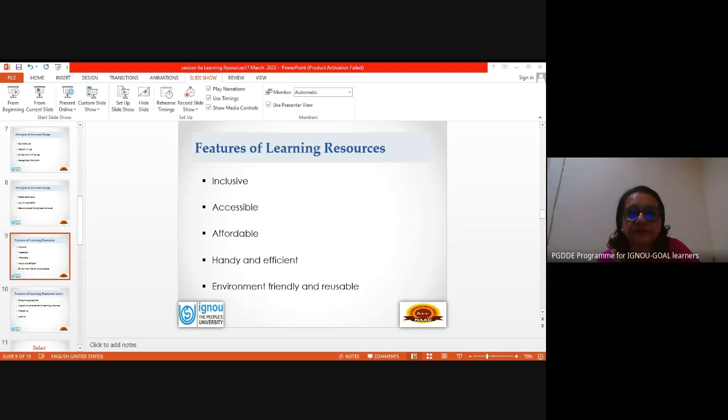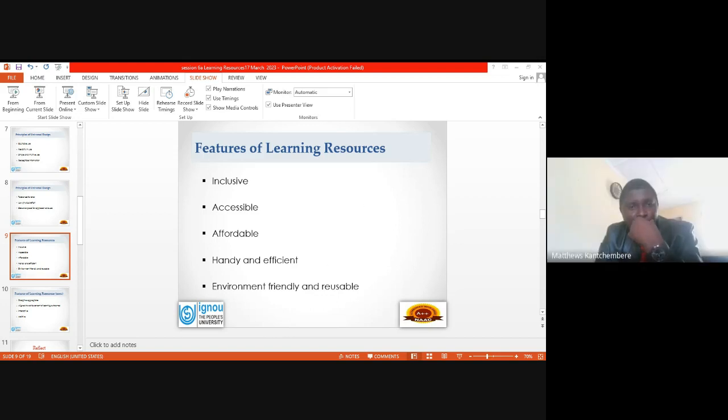Yes, please. Firstly, I would like you to repeat the feature which talks about the inclusive, the point number 1. And number 2, just my observation. If you go on the internet and try to search for books, you are going to see that some of the books found online are useless books, which have no information at all.